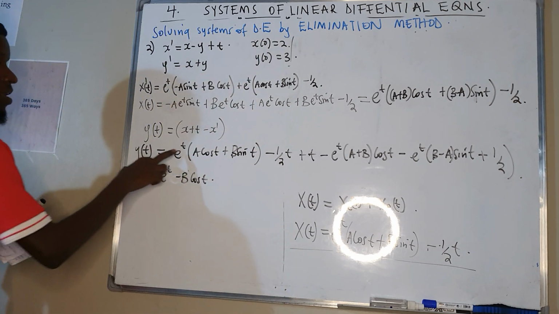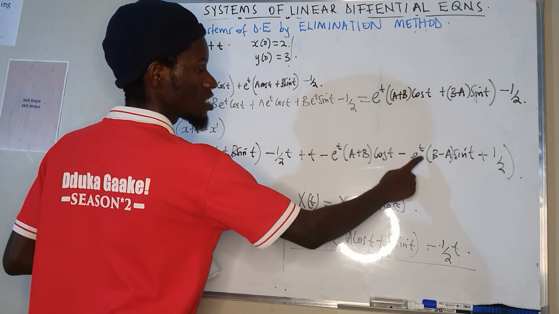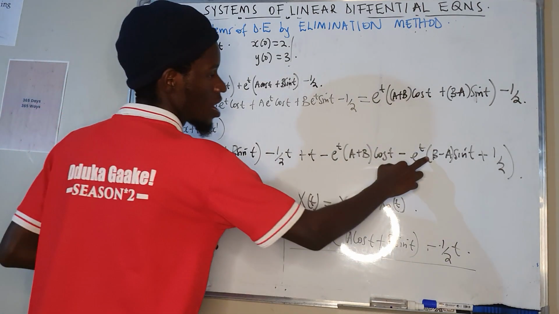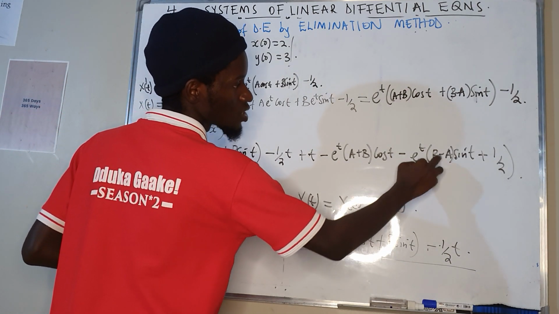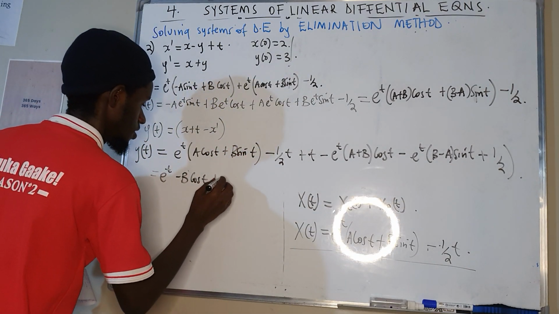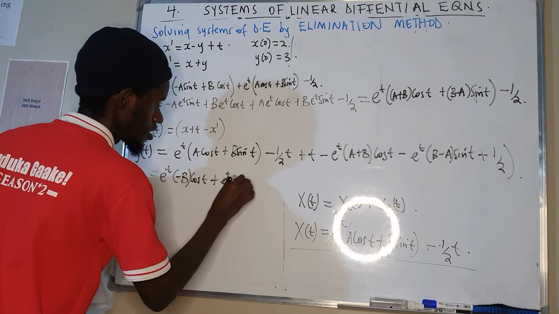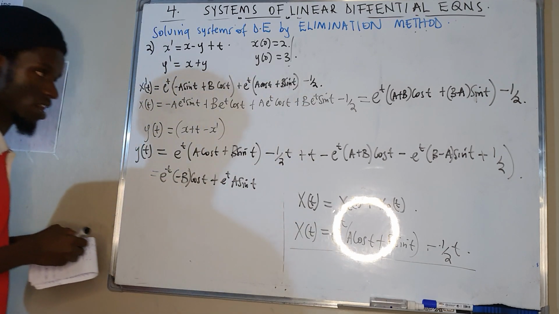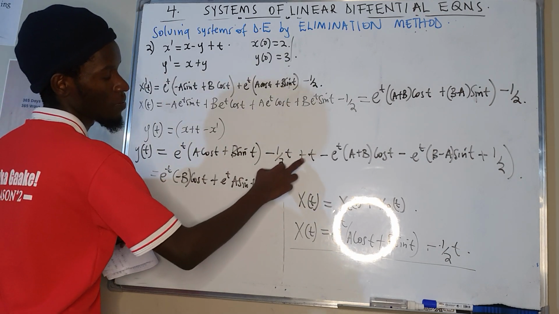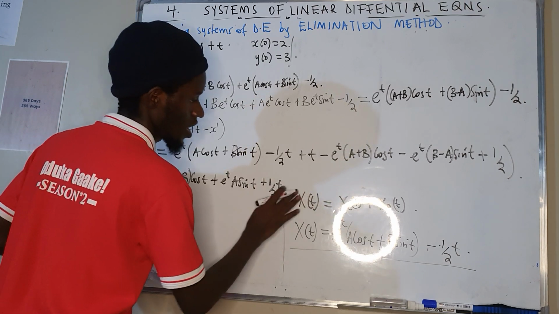Now I have e power t b sin t, then minus e power t b minus a sin t. Therefore, this b will come inside here. I will say b minus b, then minus a, which is plus a, so plus e power t a sin t, like that. Then I remain with this a half t plus t, so it should be plus a half t, and then plus the other half, which is on that side.